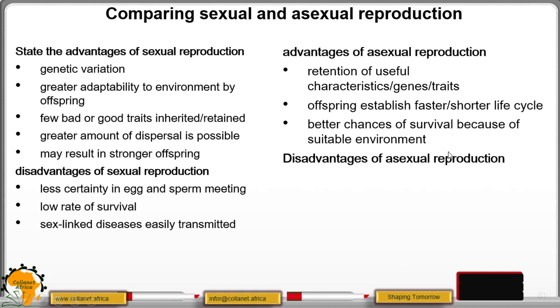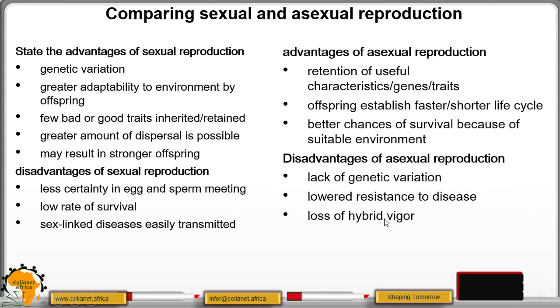Asexual reproduction is also disadvantageous. How? Because there is lack of genetic variation. There is no union of male and female nuclei so that the differences can give us a better quality. Then there is lowered resistance to disease because there is no variation.